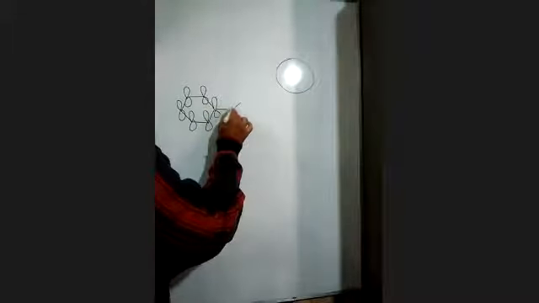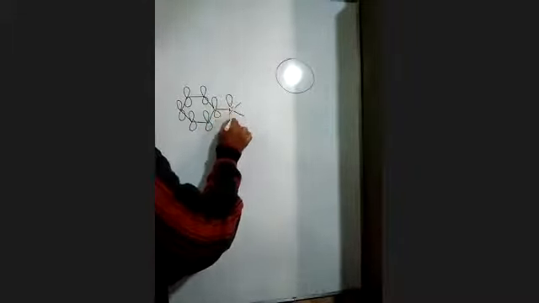So I gave you one more example. I told you now I'm going to spend a little more time on this. See here, this is benzene. This is the benzene.